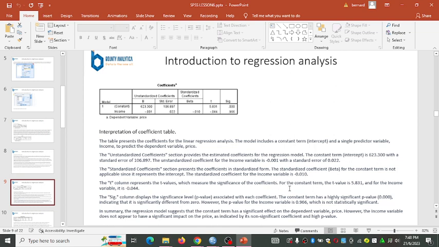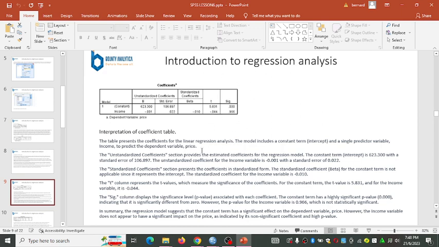For the constant term, the t value is this one, and for the income variable, the t is negative 0.044.